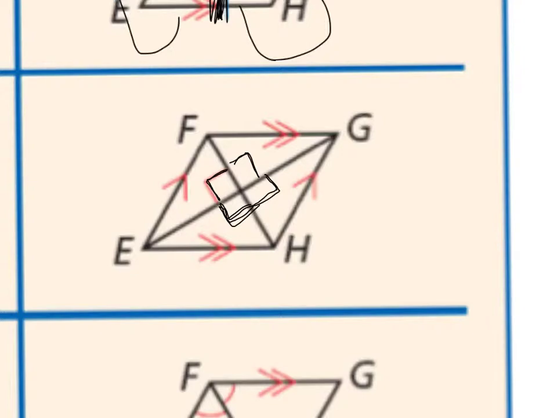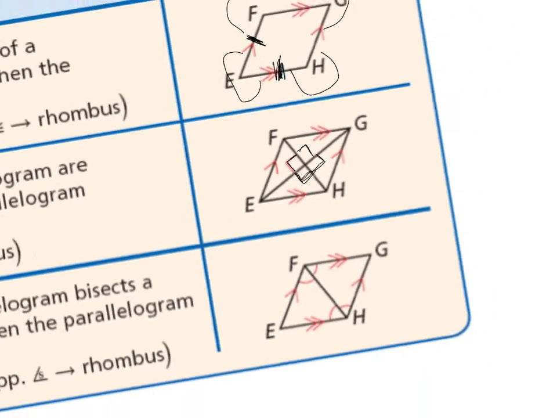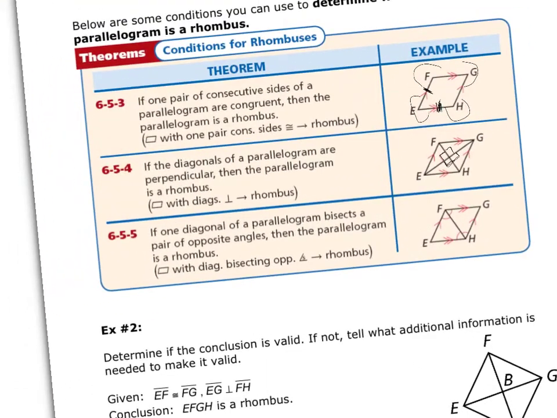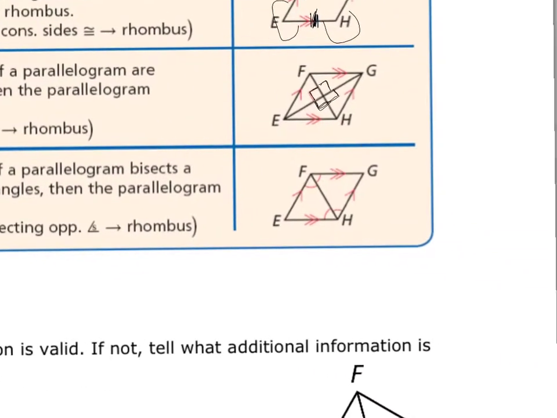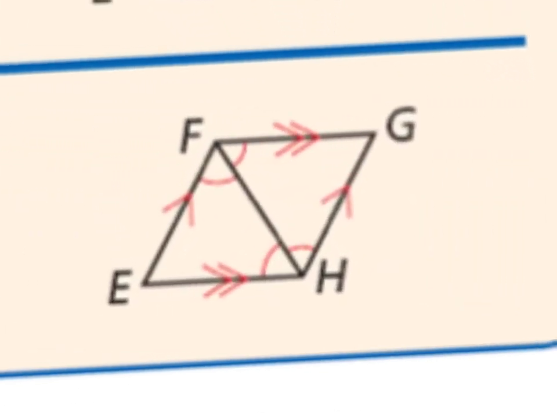And lastly, if one diagonal of a parallelogram bisects a pair of opposite angles, then the parallelogram is a rhombus. So what that's saying is if the diagonal, this guy, bisects these two angles, meaning that they are congruent to each other, then that thing is a rhombus.